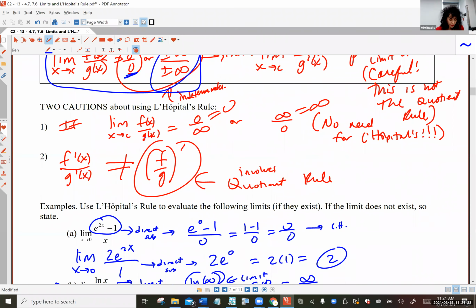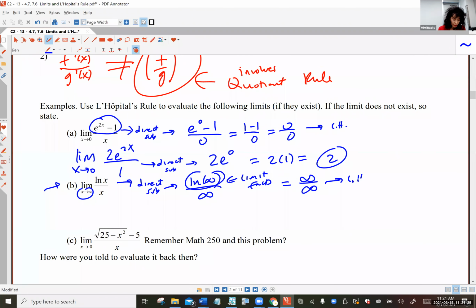Use L'Hopital's. So LH, L'Hopital's applies. So what are you going to do? You're going to retake the limit. So write it down. And then you're going to differentiate the numerator. Well, the derivative of ln of x is 1 over x. And you'll divide that by the derivative of the denominator, which is just 1. And then do direct sub again.